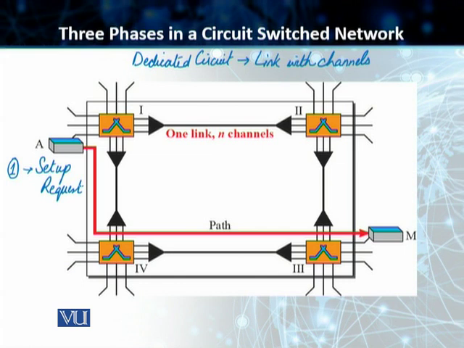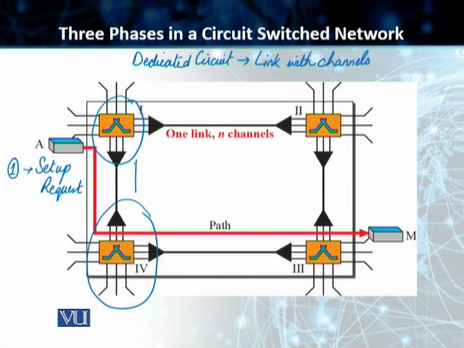Students, once it goes to M, it will include the address of M. This is your switch number 1. This request goes to switch 1 with the address of M. Switch 1 will find a channel between itself and switch number 4.